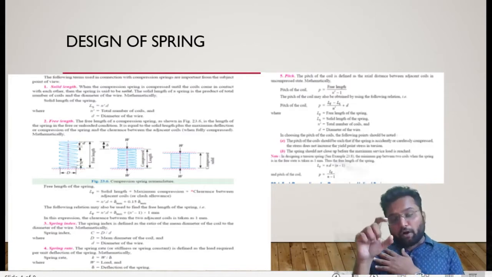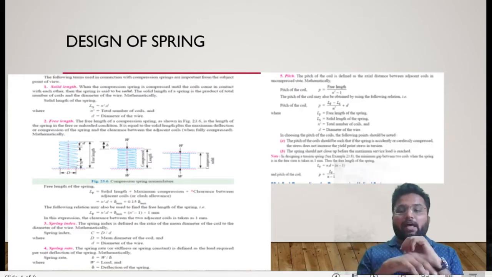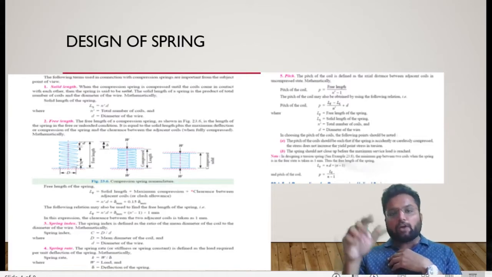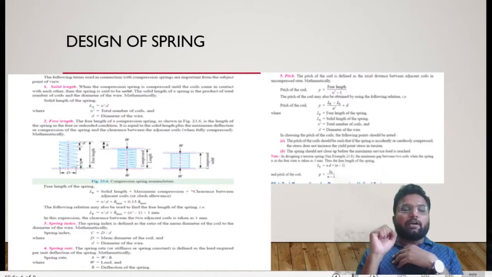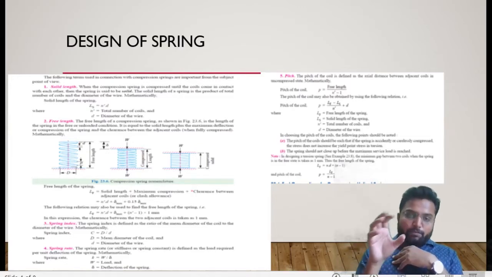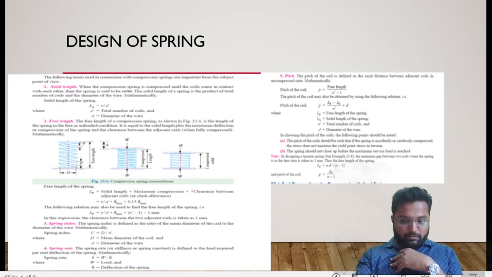Because from the spring you can see that the number of spaces between the coils can be represented by n minus 1. So once again, pitch can be represented by free length divided by number of turns minus 1. I hope you got this terminology, because it will help you in the design of springs when we have examples.